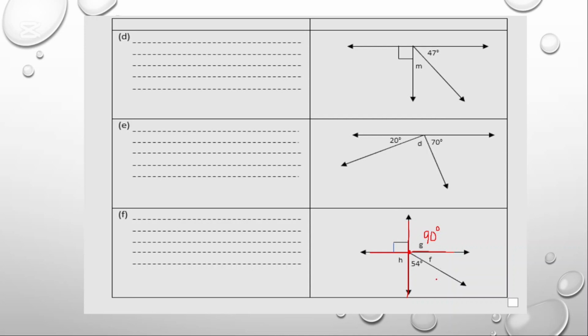They are adjacent supplementary angles, and you will subtract 90 and 54 from 180 to get to F. H is quite easy. There are two ways, because now you know the value of F, or you can work it from here. H plus 90 is equal to 180. So H is equal to 180 minus that 90. Reasons, still supplementary adjacent angles, and you'll get to your answer.